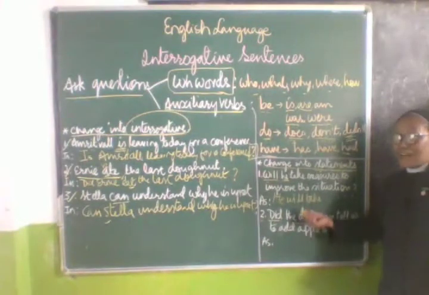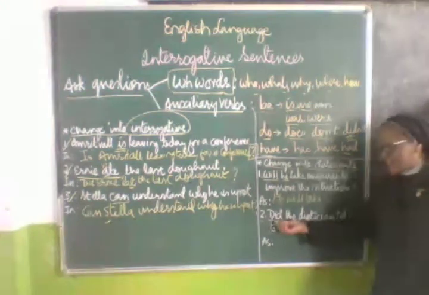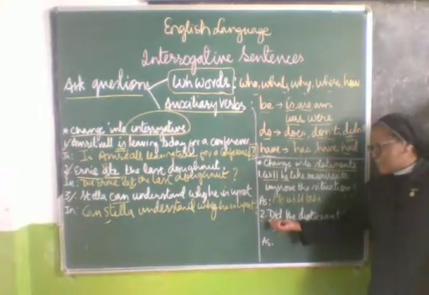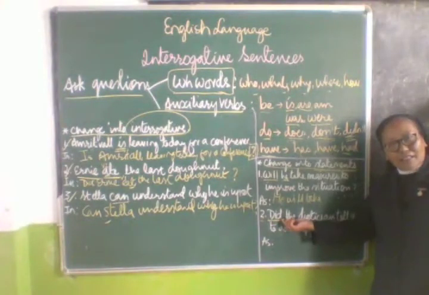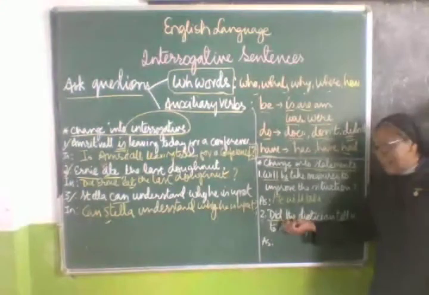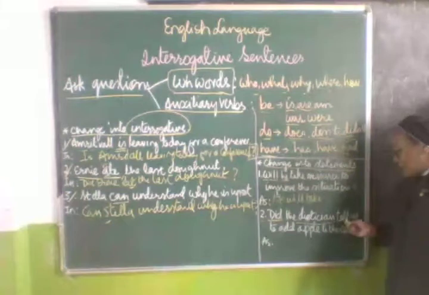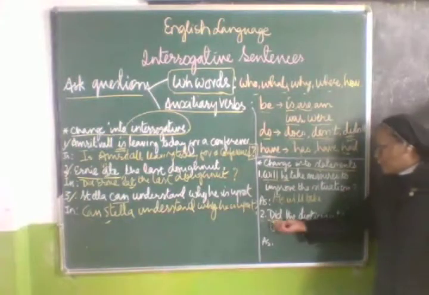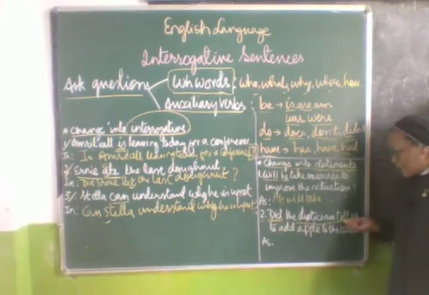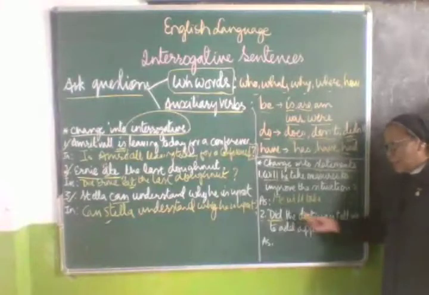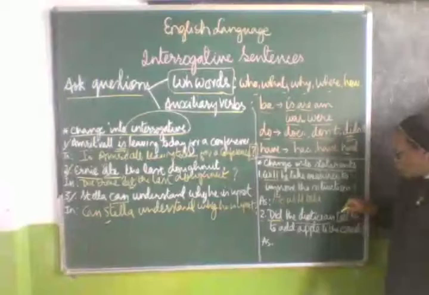Okay, so now here in the question, did. So it's already past. So did makes the sentence past. See, verb past. Okay, did the dietitian tell us? Now see, with did, tell, present. Okay, did, tell. So there is no told.